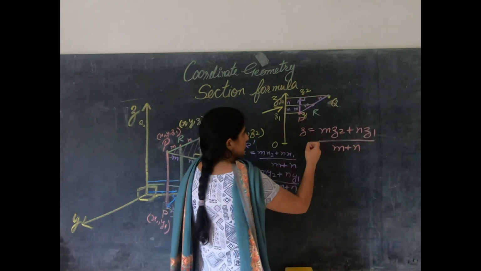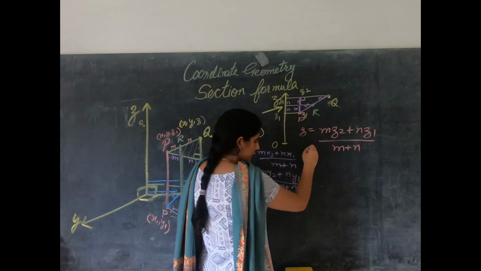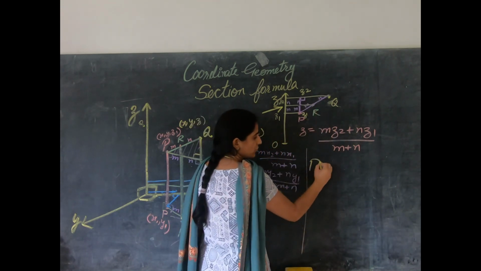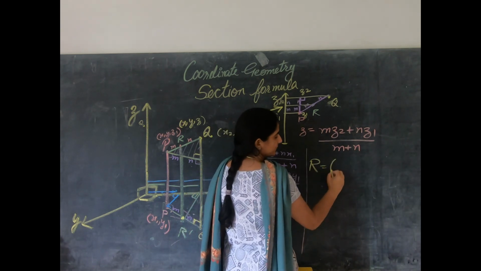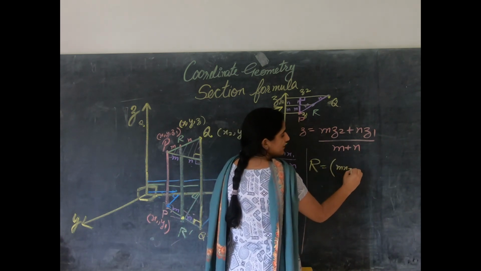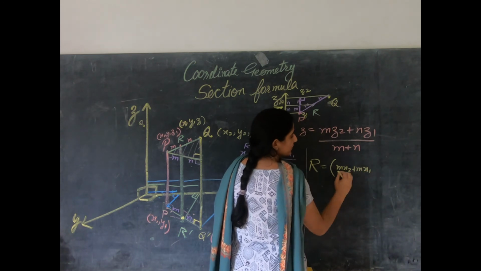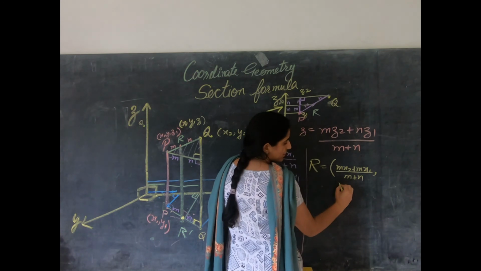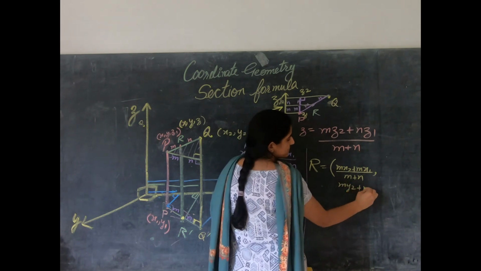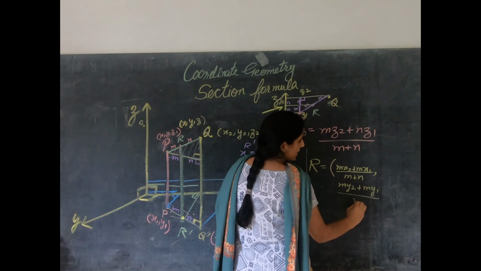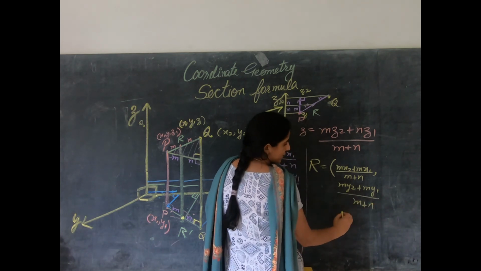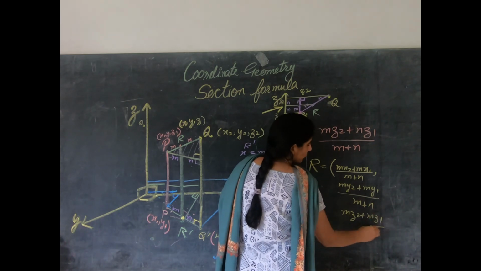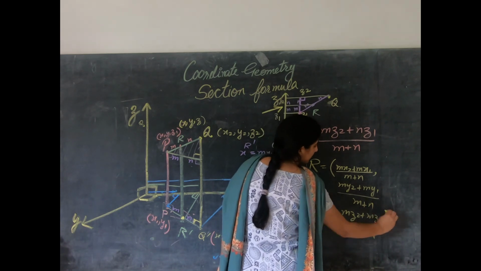So in that way we got all the coordinates of R. The coordinates of R are (mx2 + nx1)/(m + n), (my2 + ny1)/(m + n), and (mz2 + nz1)/(m + n).